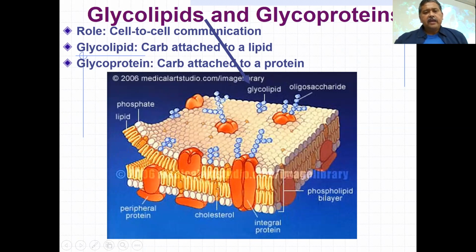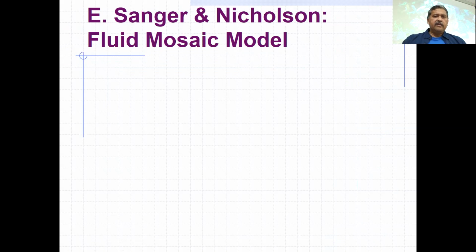And it turned out that you can take some cells and break off a few carbohydrates, and then they lose the recognition, they lose the ability to recognize other cells. So perhaps cancer cells have an issue in their glycolipids and glycoproteins because they can no longer communicate with each other.